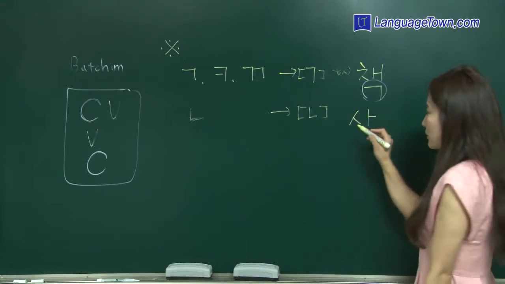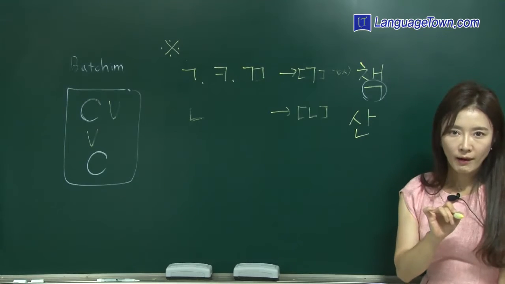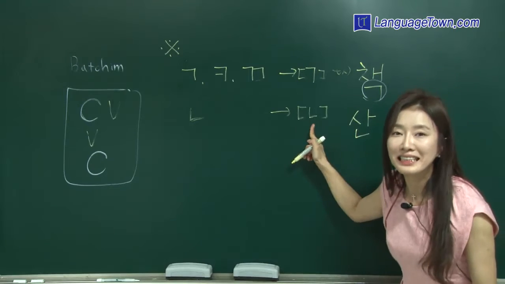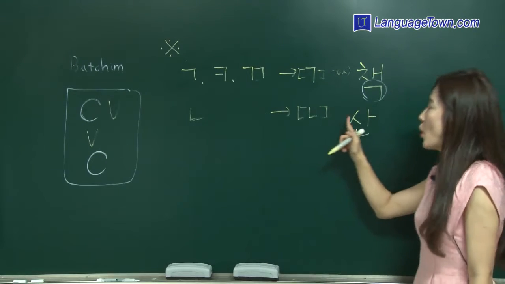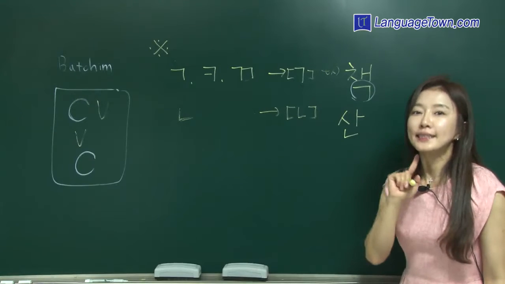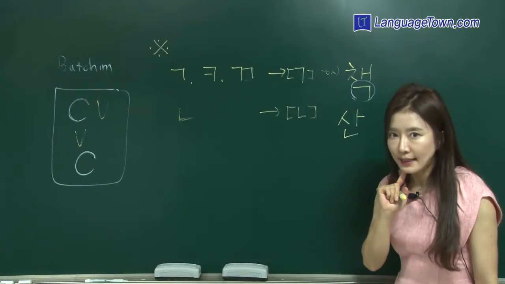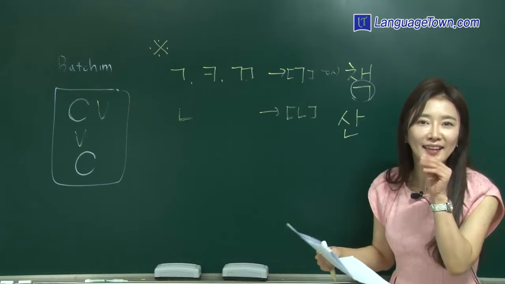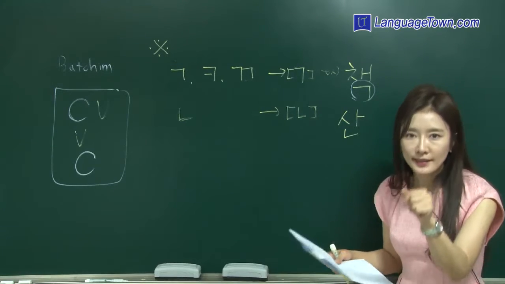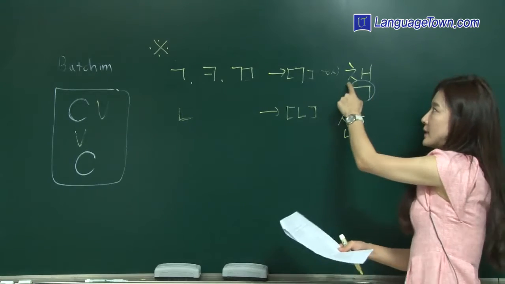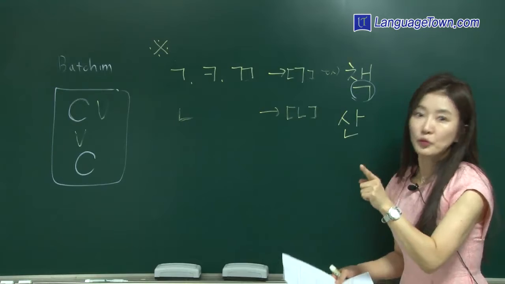Then what about this? Yeah, this sound, I told you, so, 산. Not san, but 산, try. Softer, 산. That's it. Mountain is 산 in Korean. And check is 푹. Important word, right?